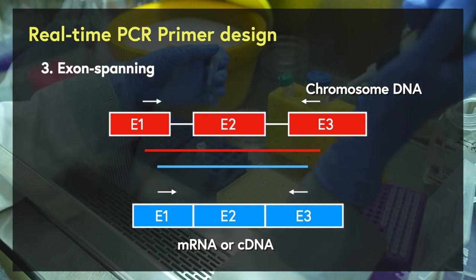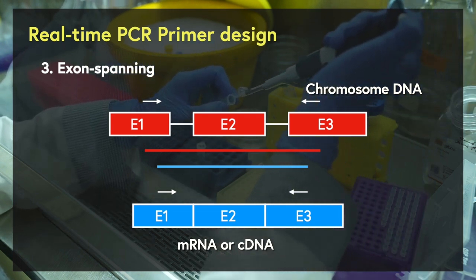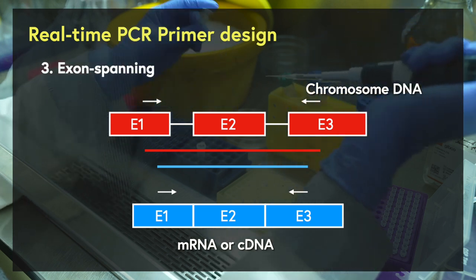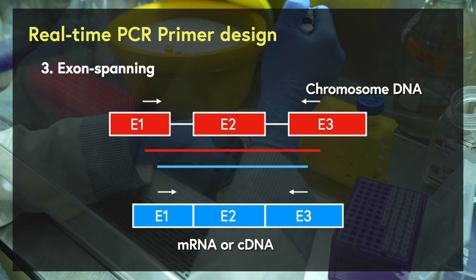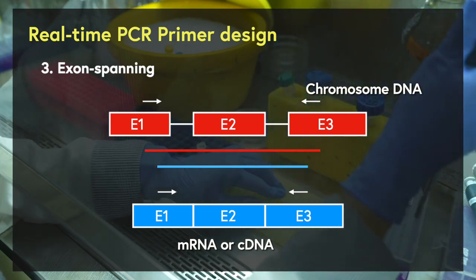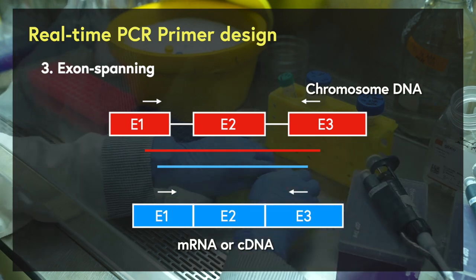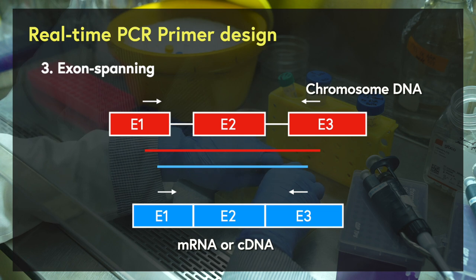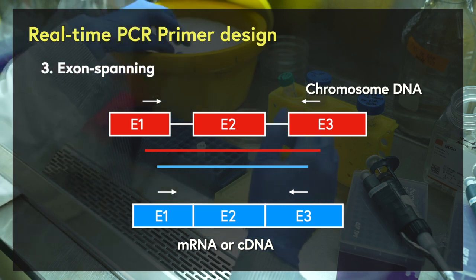However, for the chromosome DNA, these primers can also anneal on the exon 1 region and the exon 3 region of the genomic DNA. Therefore, if genomic DNA contamination exists, primers will anneal on it and amplify the region of exon 1, 2, and 3, and the 2 introns in between. So you will get even longer PCR products. That's not ideal either.